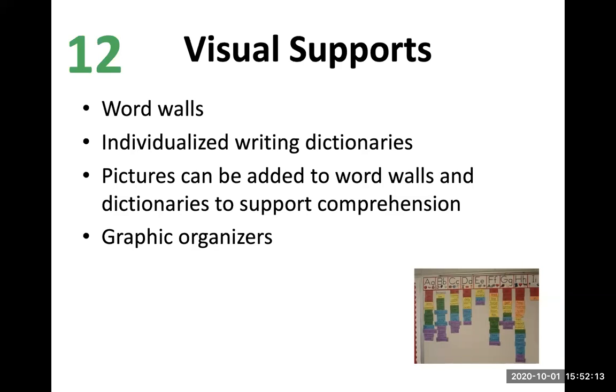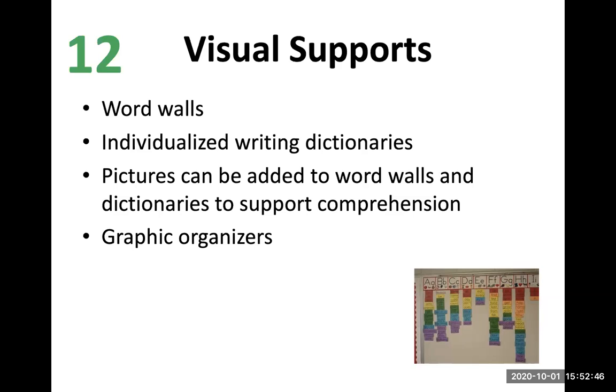So we'll see word walls where we'll post sight words, or we'll put on a word wall words that relate to a specific story that they can use, so that they can look at the word wall and be able to use some of those words in their writing. This is how kids learn how to write. We might have each child have a notebook, and that's their personal dictionary, and we can list words in there that they can look up and use.